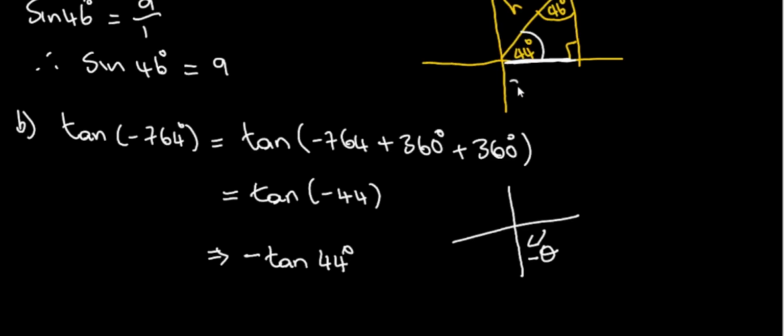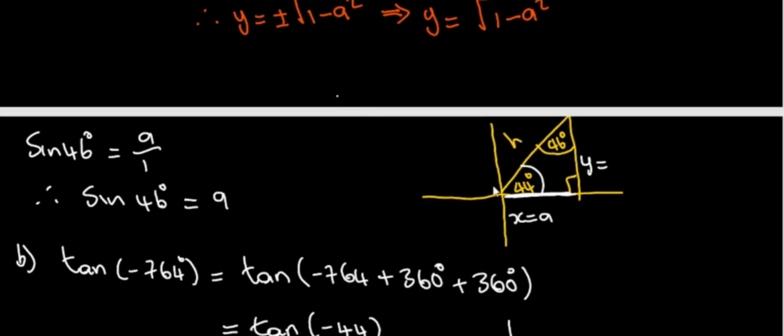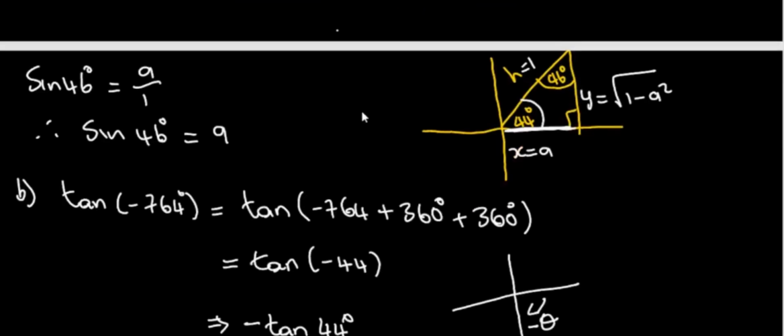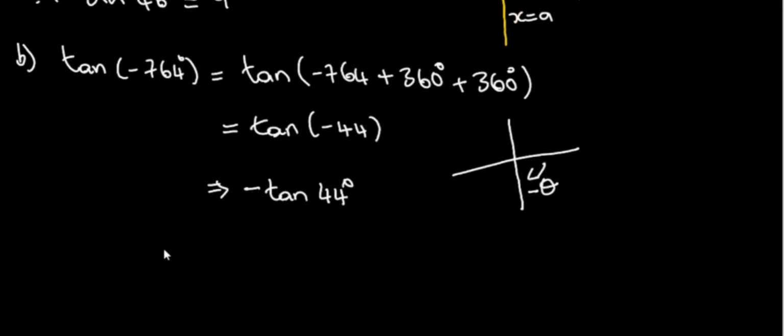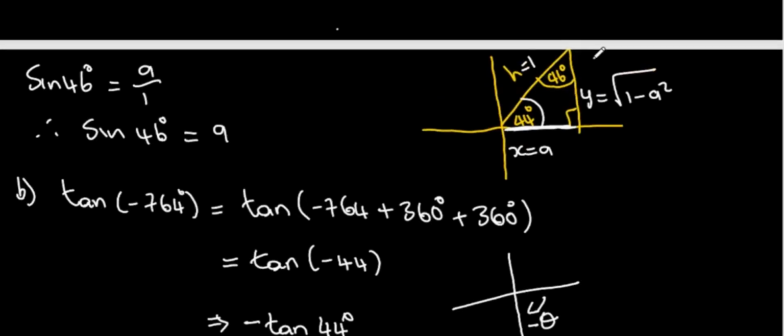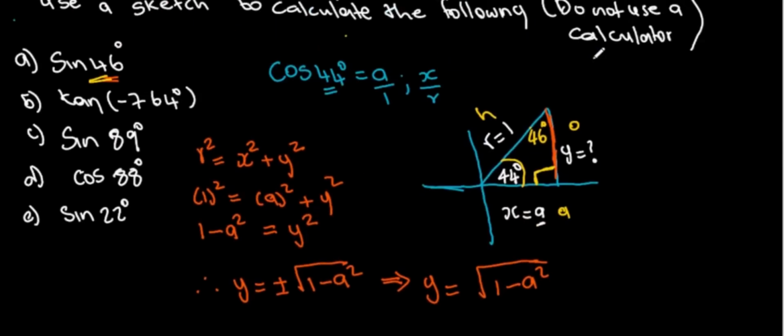Remember, we had x to be a. We calculated y to be the root of 1 minus a squared, and then our hypotenuse is 1. So what I'm going to do, I need to find the tan. According to SOHCAHTOA, tan is opposite over adjacent.